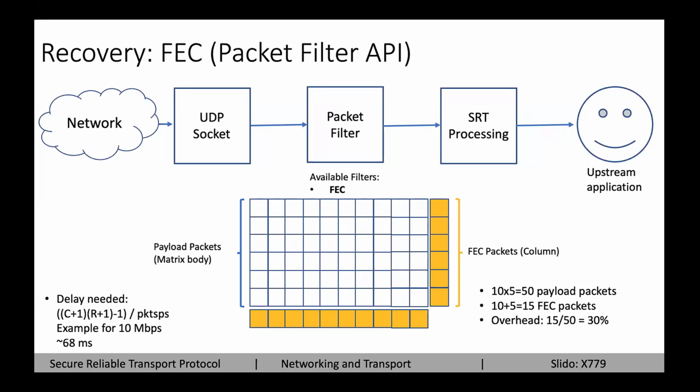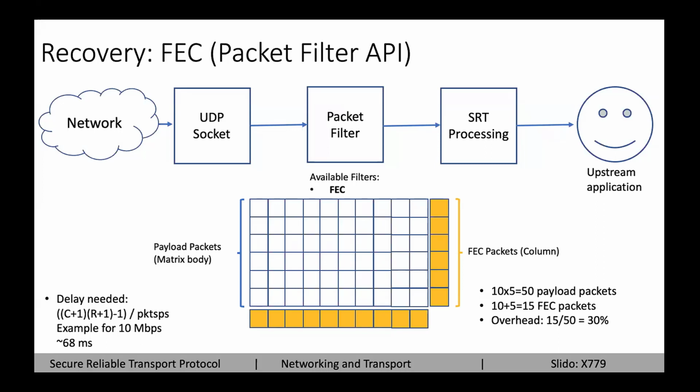If one of the packets is lost in a row, this recovery packet can be used to recover it. As you can see, in this example there are 50 payload packets. So it's a 10 by 5 matrix, 50 payload packets and 15 FEC packets. This means that the overhead of the transmission would be 30%.